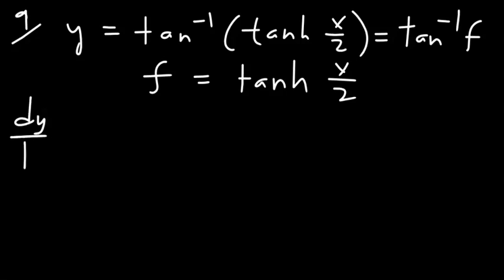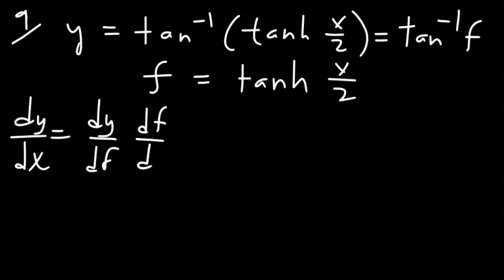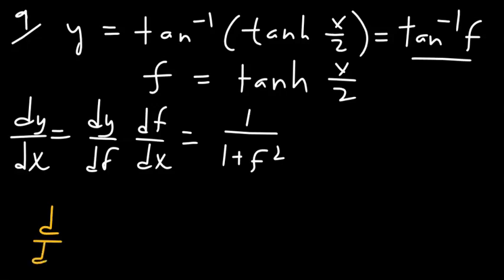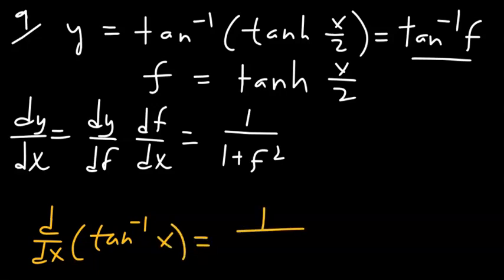So dy/dx is dy/df times df/dx. Now dy/df, we know from our previous videos, is 1 over 1 plus f squared. Remember, d/dx of inverse tangent of x is 1 over 1 plus x squared. That's what we have used here.